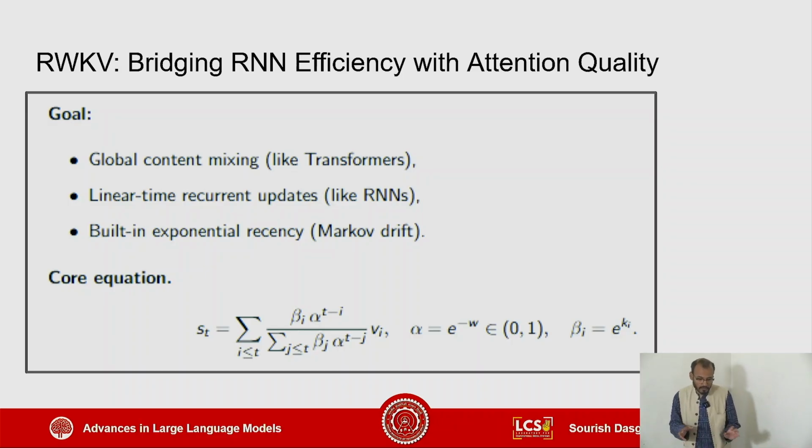We want to have the global content mixing of transformers, but at the same time, we also want to do something that RNNs did. However, RNNs were sequential, right? And all kinds of RNN architectures are sequential, which means you cannot process all the cells all together at the same time.